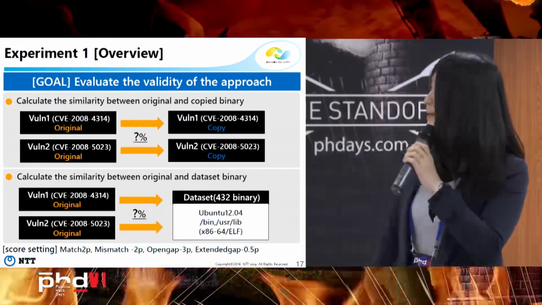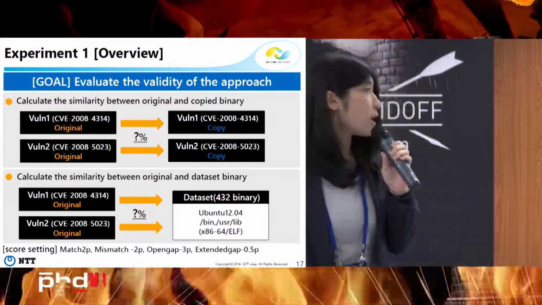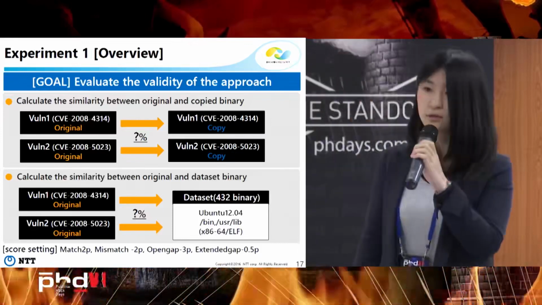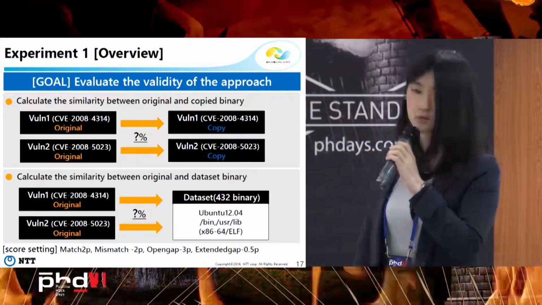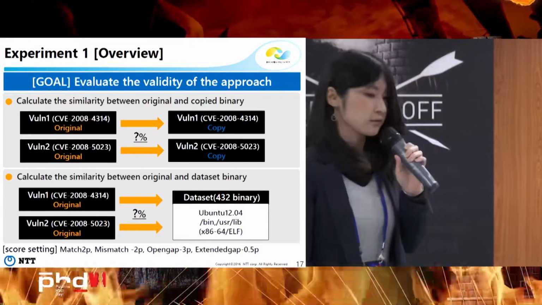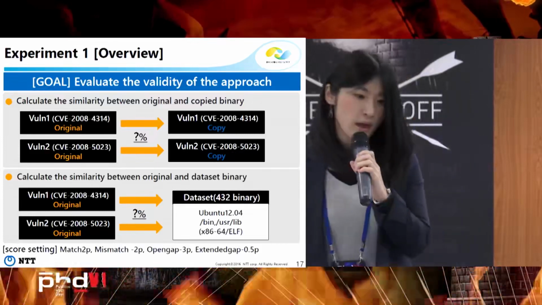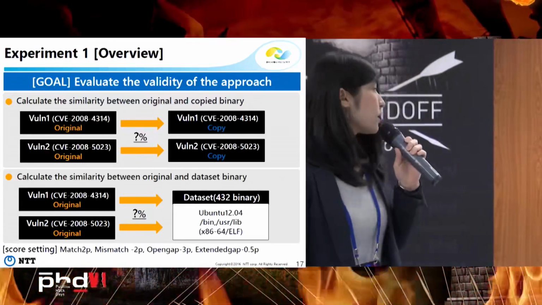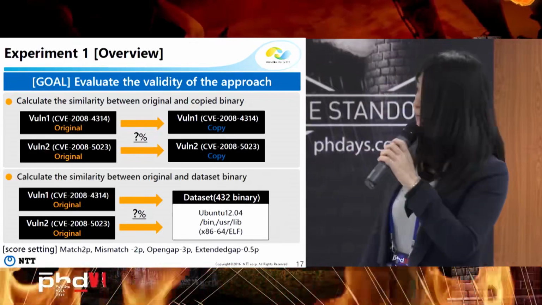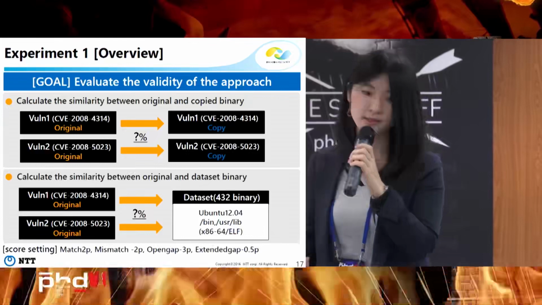So next, I want to talk about the experiment I held. I held two experiments, and the goal of the first one is to evaluate the validity of my approach. For this experiment, I used reproduced vulnerabilities which were defined in the past.